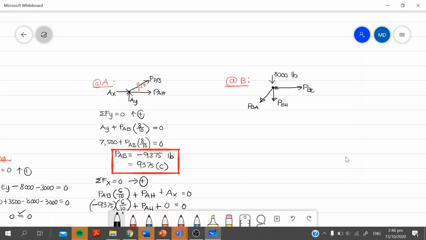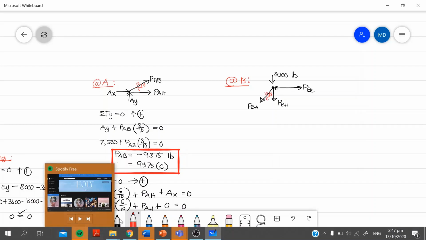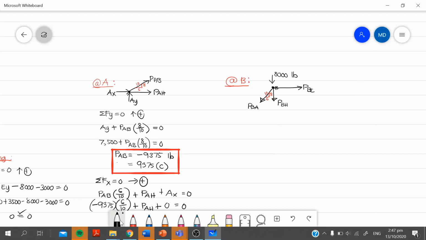Now, let's do the equilibrium equation. Okay, ilagay muna natin ang slope ng force BA. Ang slope niya is 8 vertical, 6 horizontal, 10 hypotenuse. Okay, so sum up forces. Okay, unahin natin vertical, equal to 0. Assume pataas forces are positive.